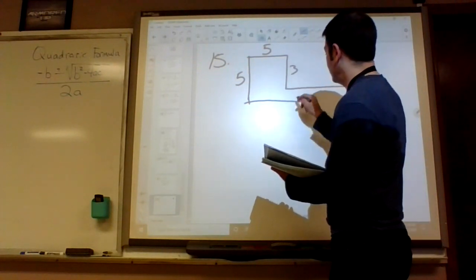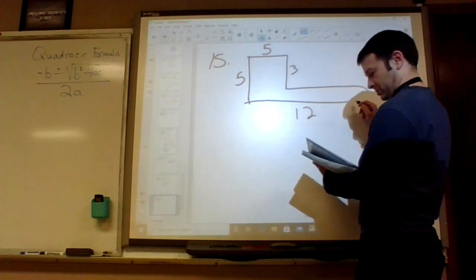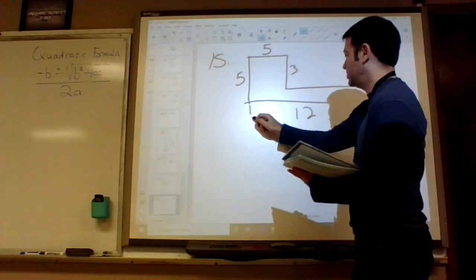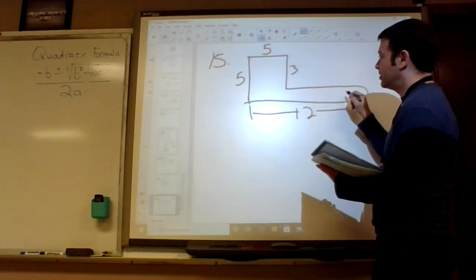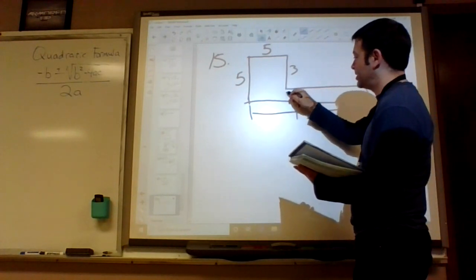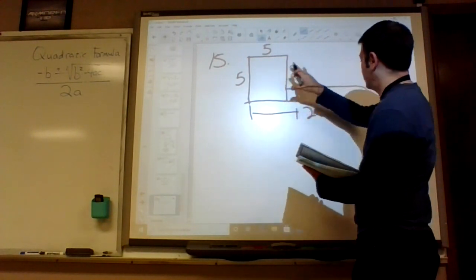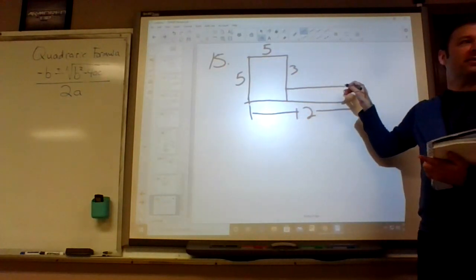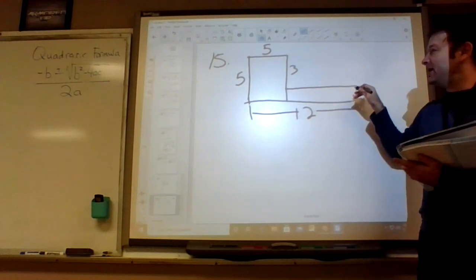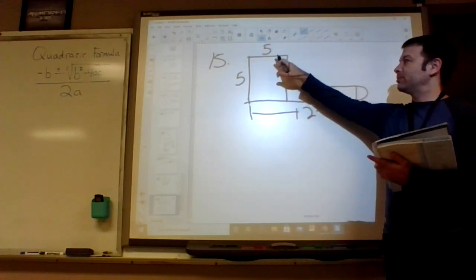5, 5, 3, 12. Okay, that 12 goes from here to here. So basically we split these up into rectangles. Here's the thing, this has a semicircle on it. It's not a rectangle.